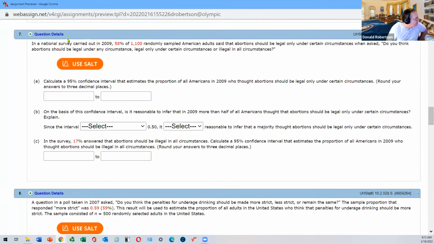Well, let's try 7. In a national survey carried out in 2009, 58% of 1,100 randomly sampled Americans said that abortion should be legal under certain circumstances. We're being asked to calculate a 95% confidence interval on that number.